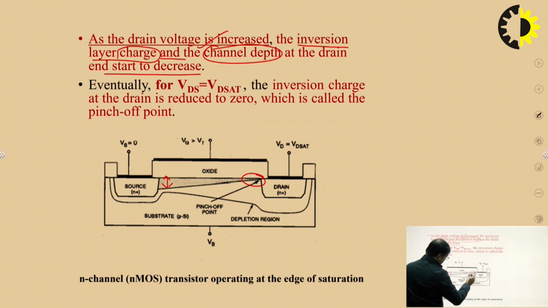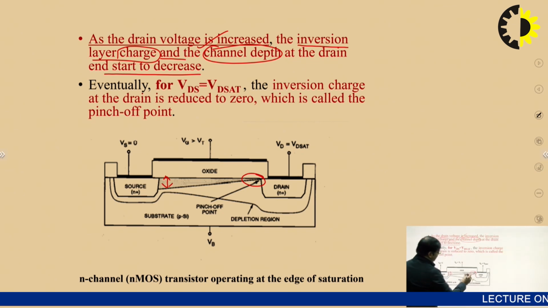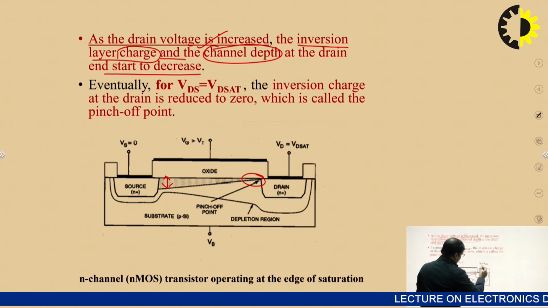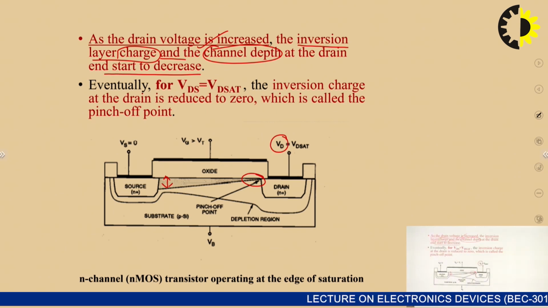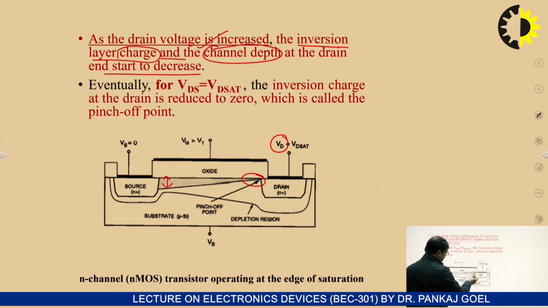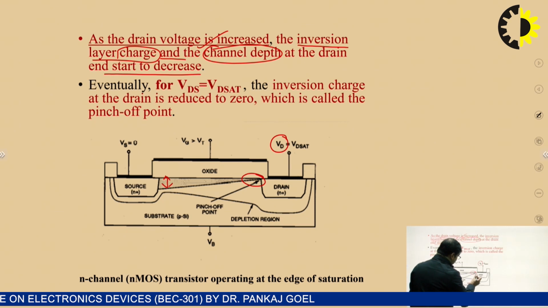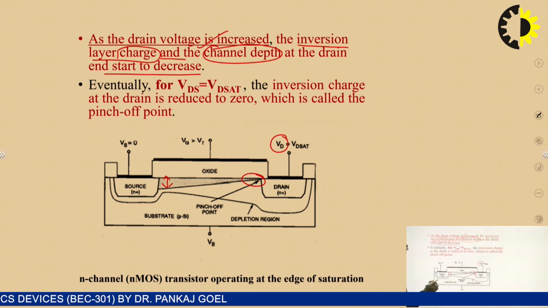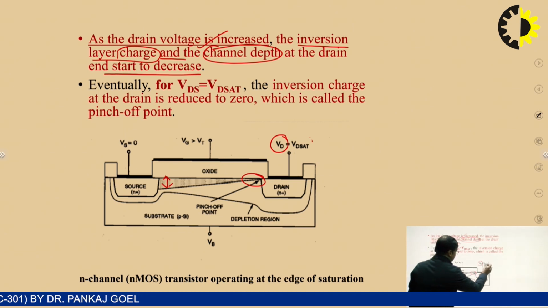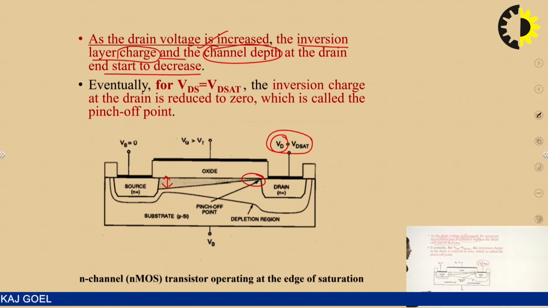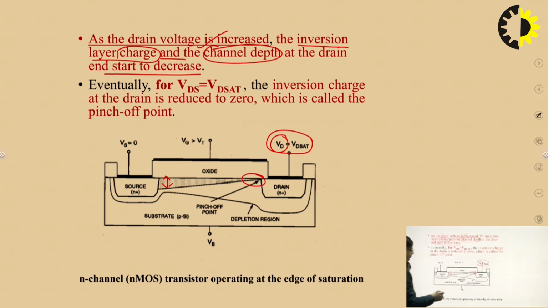And this decrease in channel width is proportional to drain voltage. If the drain voltage is increased, the width of the channel at the drain end keeps on reducing, and at a certain value, which is known as VD equal to VD saturation, at the drain end, the channel ceases to exist.